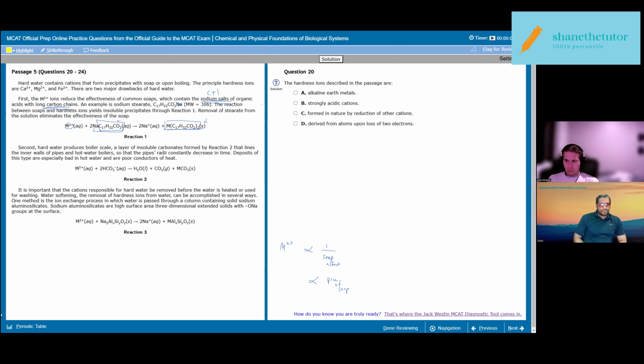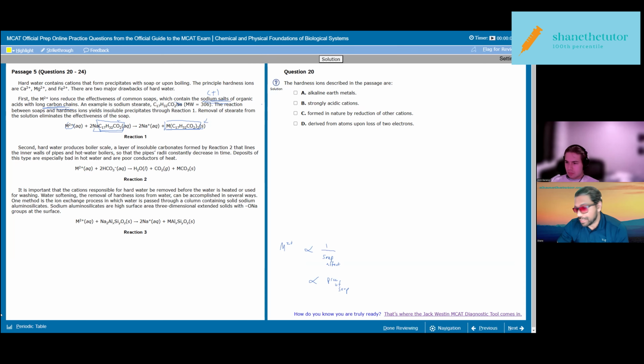Then they mentioned soap or boiling. So now I guess we're talking about boiling. Hard water produces boiler scale, a layer of insoluble carbonates. Insoluble means what? It's not soluble in water.